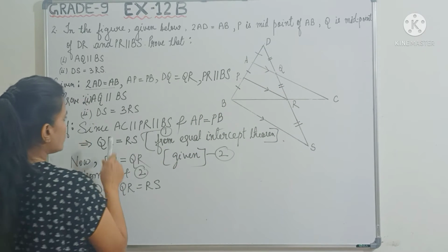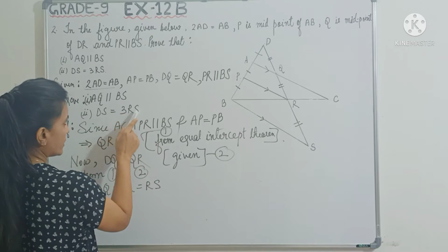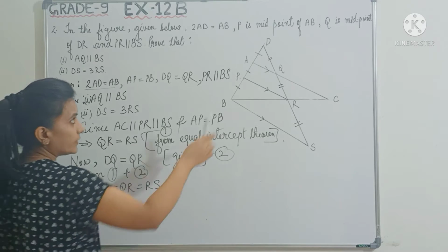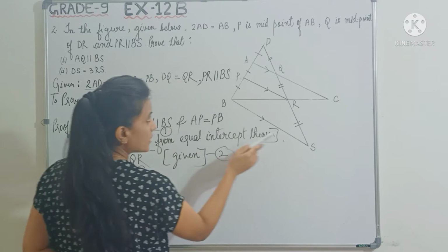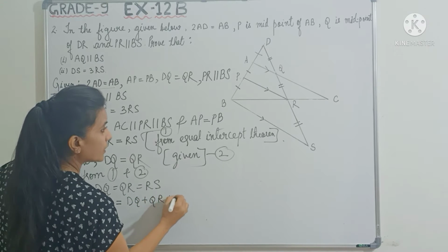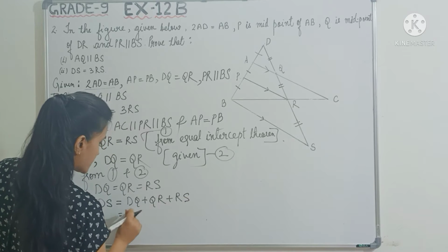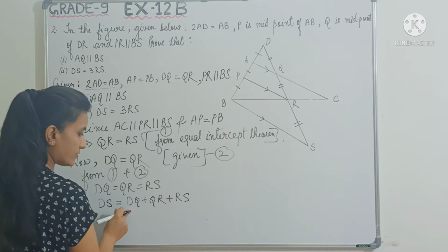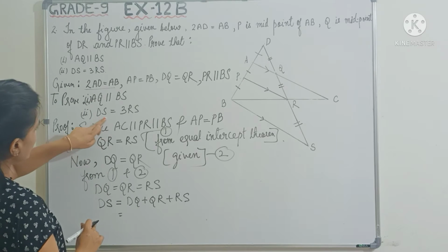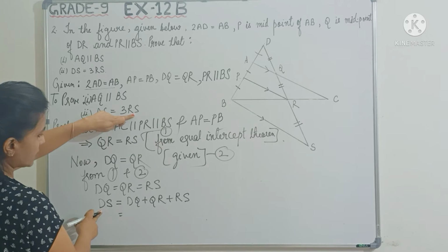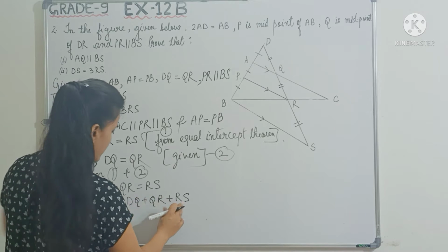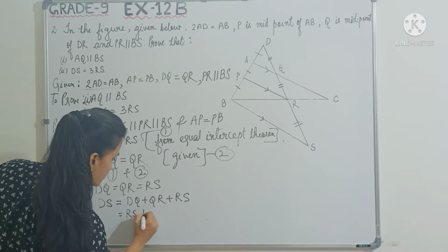Now what do we have to show? We have to show that DS is equal to 3RS, right? So DS, now here DS is how much? Can I split DS as DQ plus QR plus RS, right? Now these three are equal to each other. I need RS, so can I replace these two with RS, because they are equal to each other?